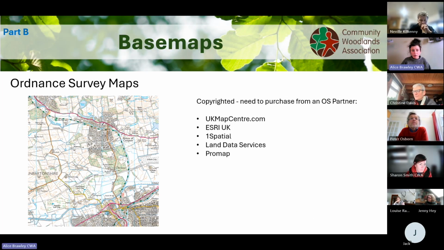So Ordnance Survey is an example of another base map. Everyone's fully familiar with Ordnance Survey. It's the national mapping authority for Great Britain. If you use Ordnance Survey base maps, they are immediately recognizable and familiar and viewed as a professional and credible base map.